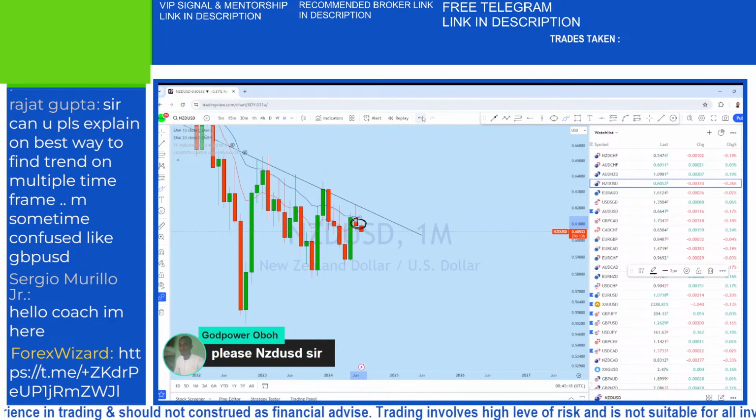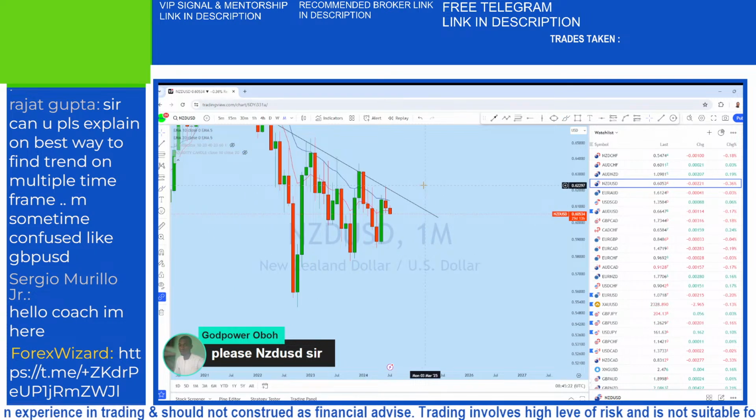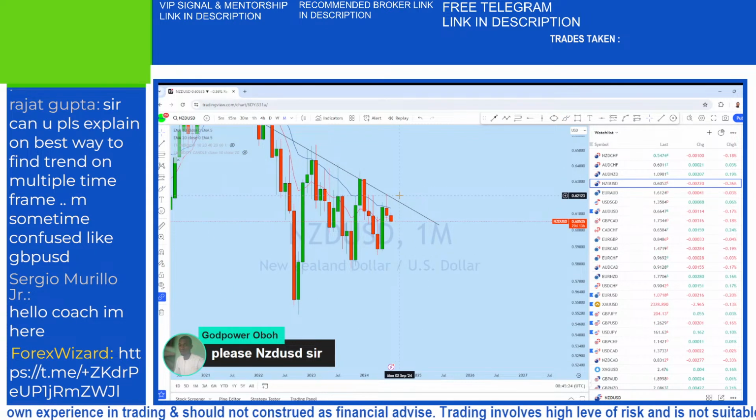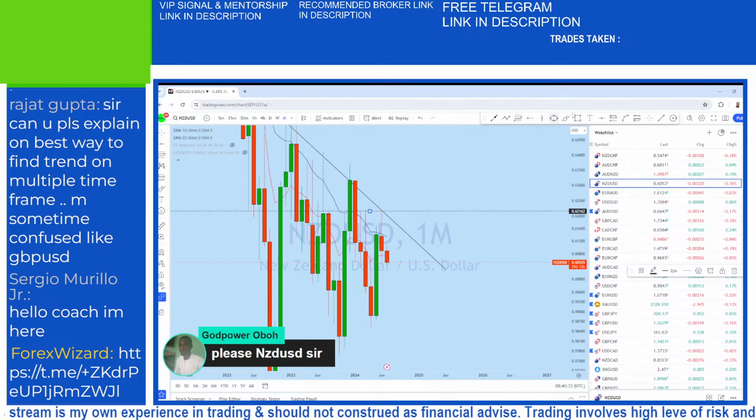This is the monthly doji, a monthly narrow candle, and with this narrow candle we have seen that this monthly doji, the smaller candle, has broken that resistance line where there is high liquidity.